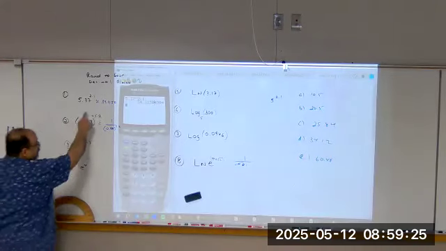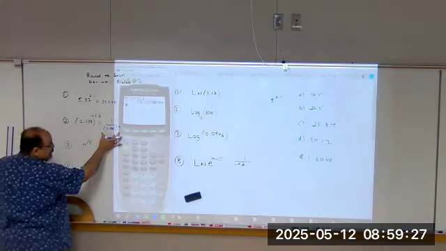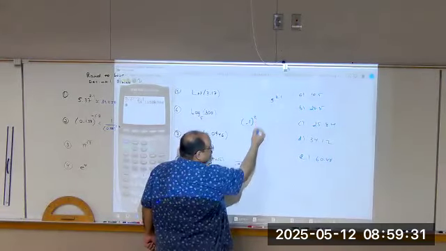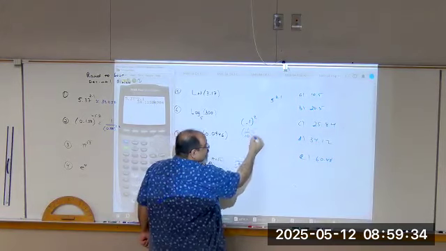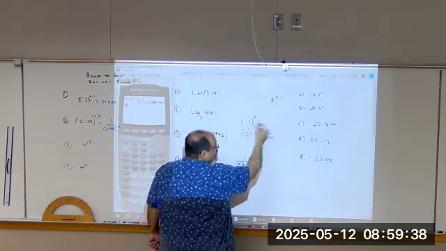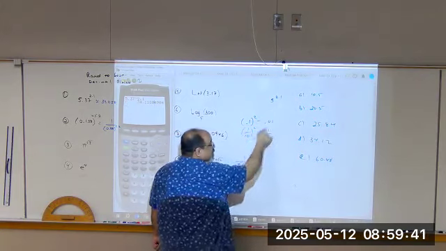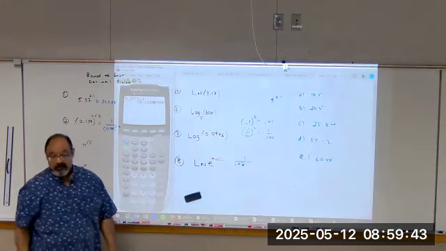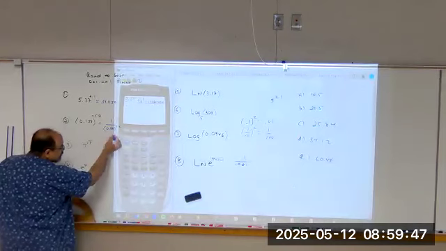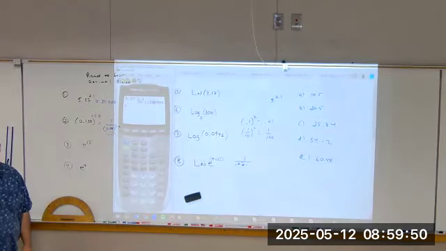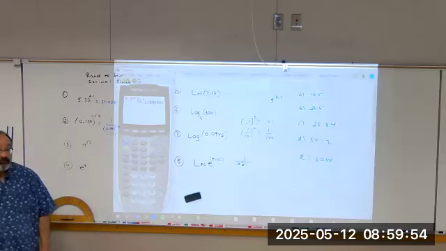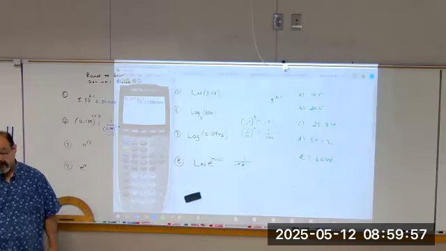If I have 0.1 squared, that means 1/10 squared, so 0.1 squared is 0.01. It becomes a much smaller number. So when I raise this to a positive 5.2, this is going to be a much smaller number, which means when I flip it, it's going to be a huge number.